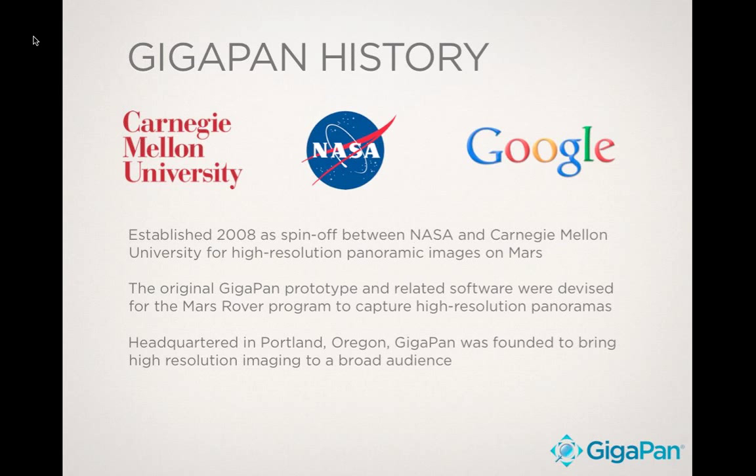The original Gigapan prototype and related software were designed for the Mars rover program to capture high-res panos and send them back to Earth and put them together, so that scientists could have a better understanding of what they were looking at and have a way to share these images with other scientists. We are headquartered in Portland, Oregon, and the whole point of founding Gigapan was so that we could bring this technology to a broader audience.